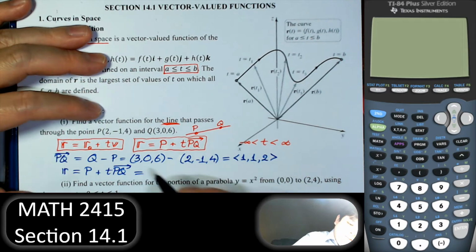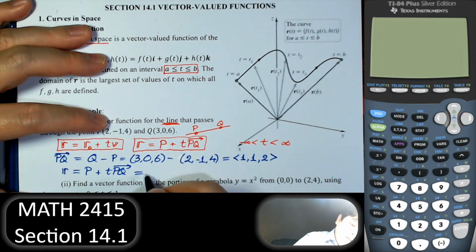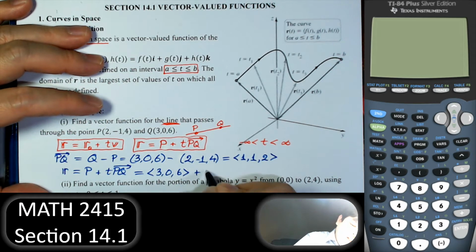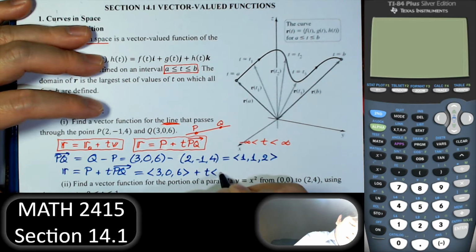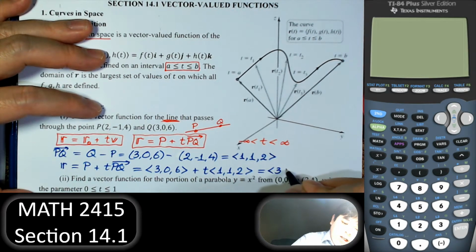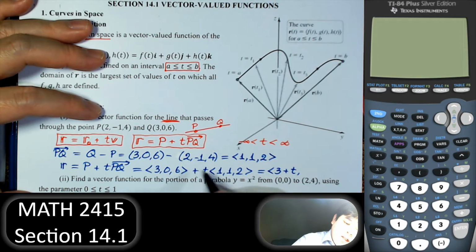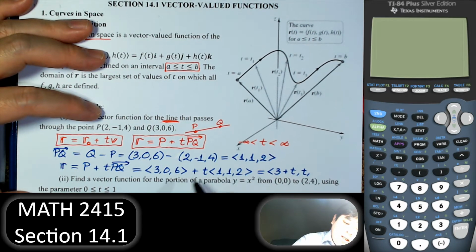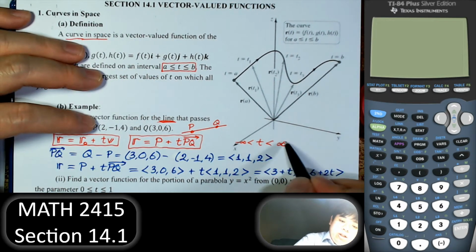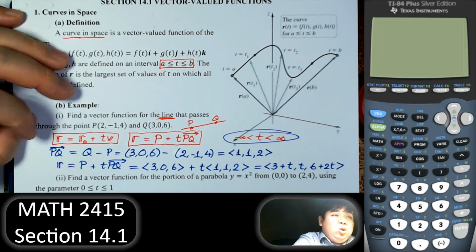Either we write a point or a vector, it doesn't matter. And then t times (1, 1, 2). When we combine them, we have (3 plus t, 0 plus t, 6 plus 2t). And of course we still need t between negative infinity and infinity.